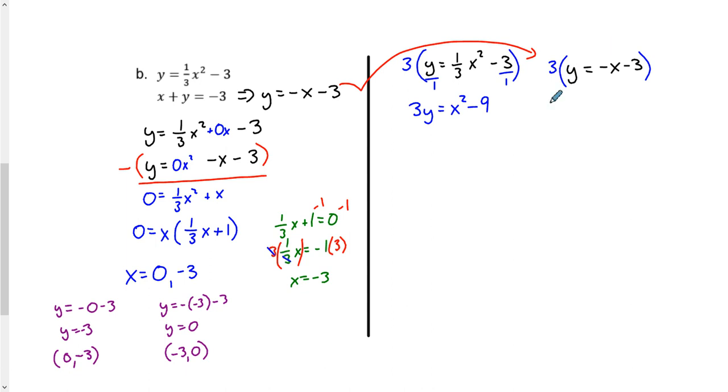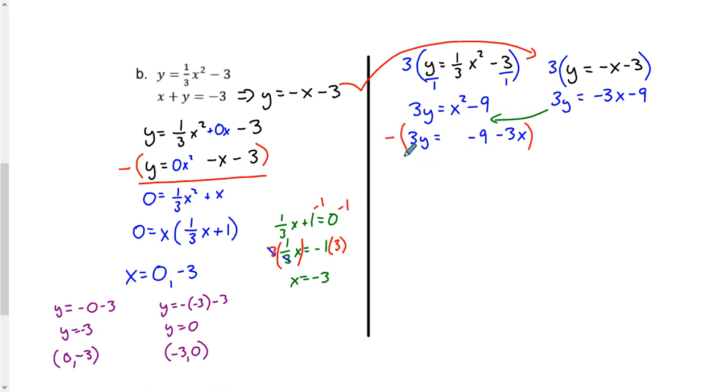So we're going to multiply all of these by 3 as well. So now, when we bring this down, I am just going to put this -9 over here, and I'm going to put my -3x at the end, just so I can have this lined up nicely.